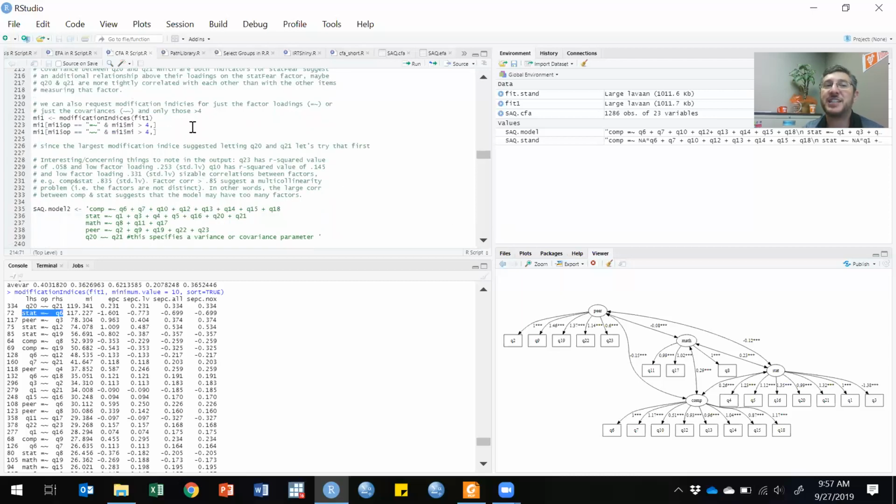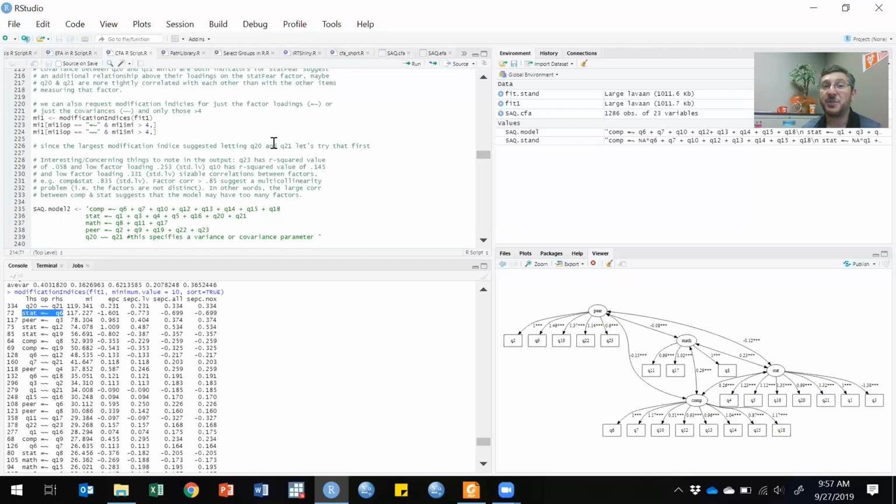Here's some additional syntax. You can request only modifications to the latent variable structure, or only modifications for covariances. So that shows you how to do that.